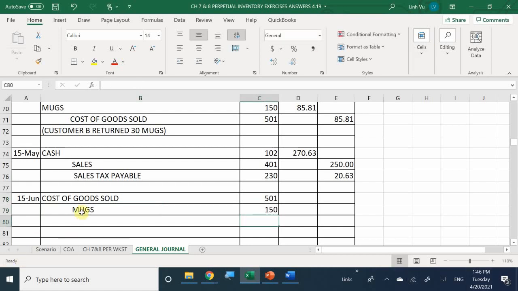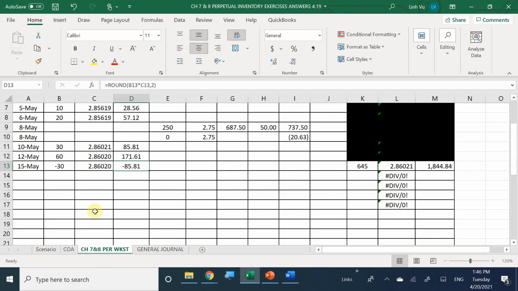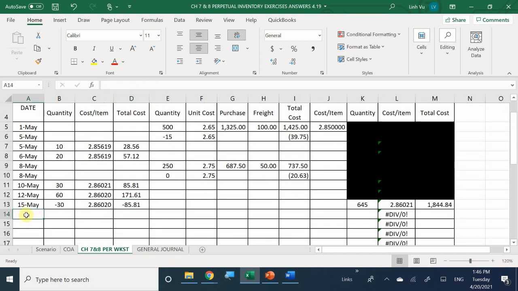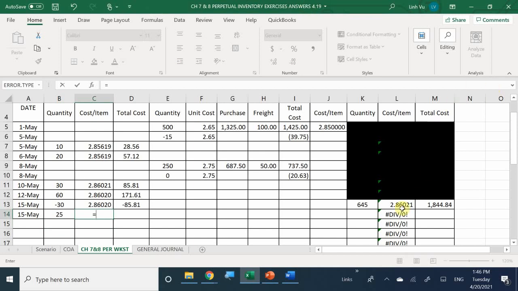So now that I have my foundation, I'm going to go to my inventory worksheet to solve for my cost of goods sold. As where I left off, right here it is now, May 15th. We sold 25 cups. At what cost per item? $2.86021.